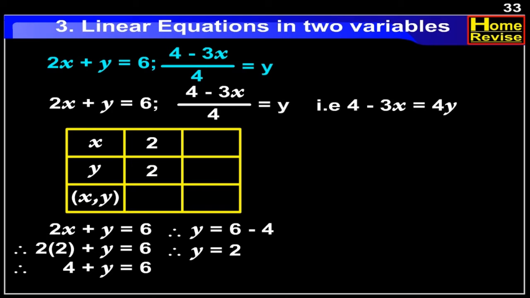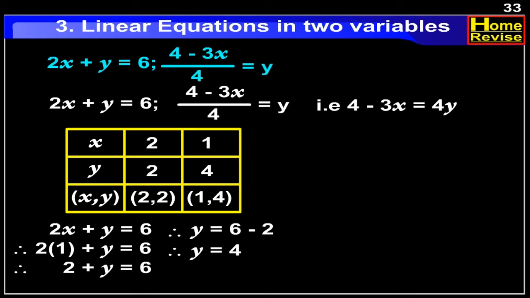Therefore, the coordinates of x and y are 2, 2. Similarly, when x is equal to 1, then we get y is equal to 4. Therefore, the coordinates of x and y are 1, 4.